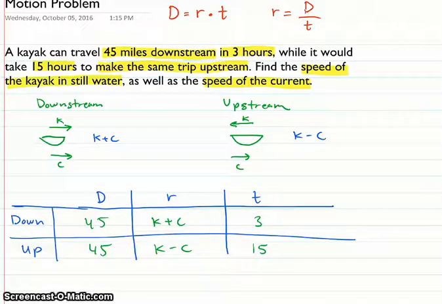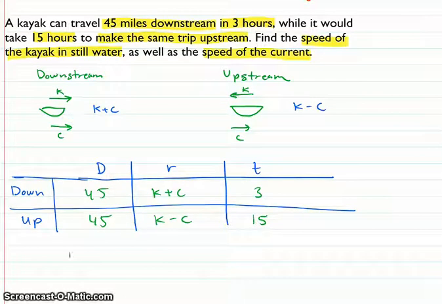So here's what we have. The rate of the downstream is K plus C, but using the formula here, rate is also equal to distance over time. That's 45 over 3. So we have K plus C is equal to 45 over 3.